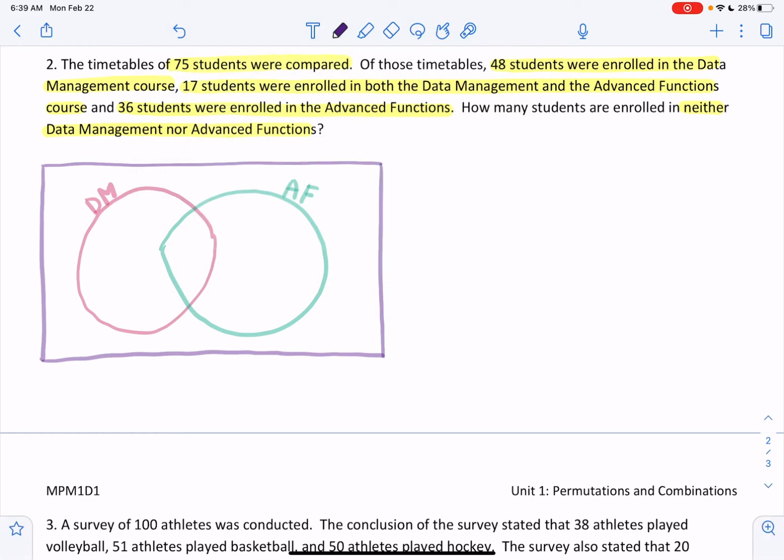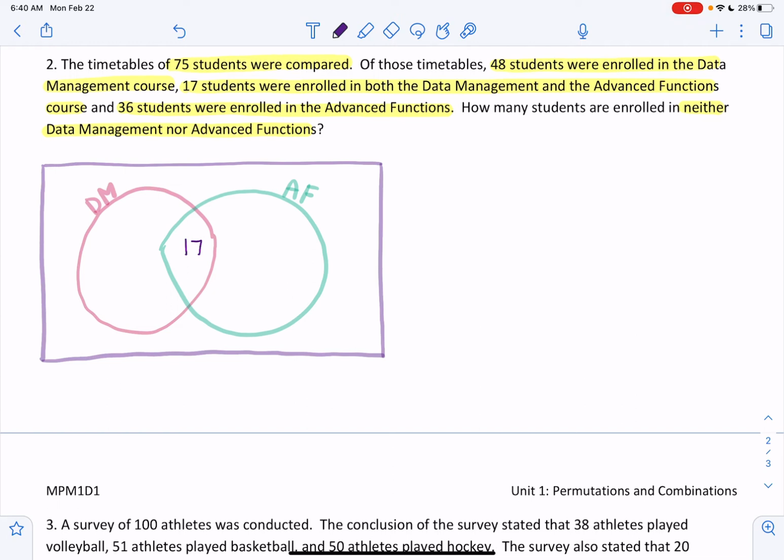So now let's look at the information that we're given. We're told that there are 48 students enrolled in data management, 17 were enrolled in both, and 36 enrolled in advanced functions. Now, when you go to draw these, you want to start with all of the overlapping pieces first. So we start with the pieces that are overlapping the most. So right now, that means these 17 students who are enrolled in both courses.